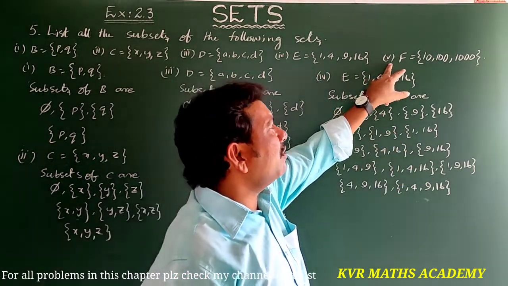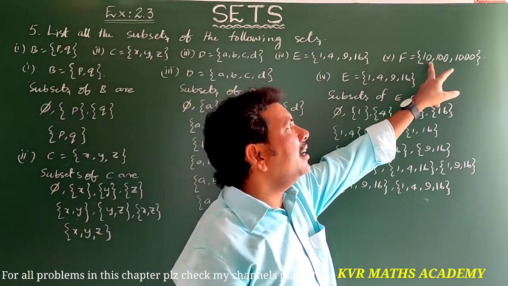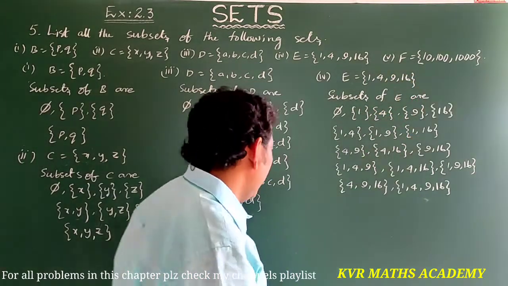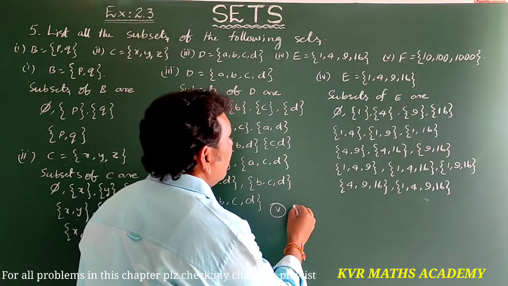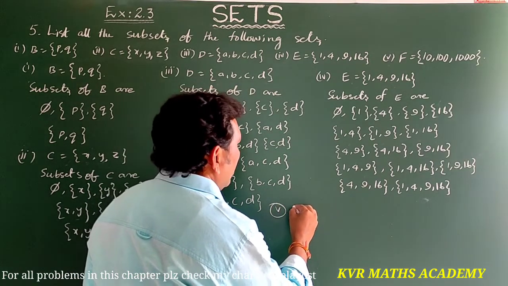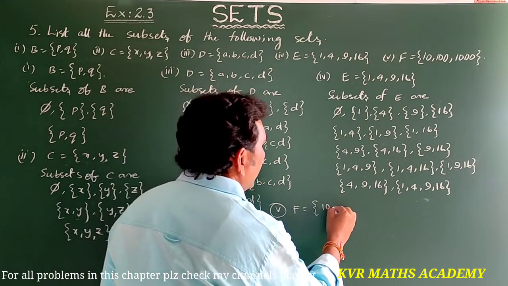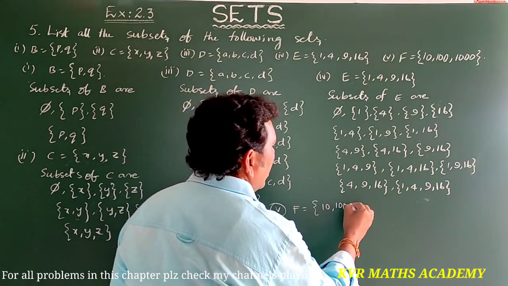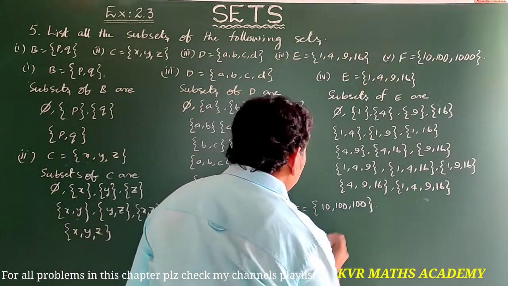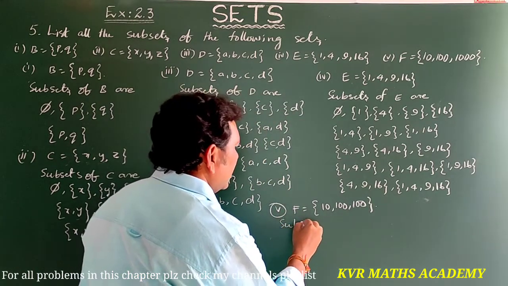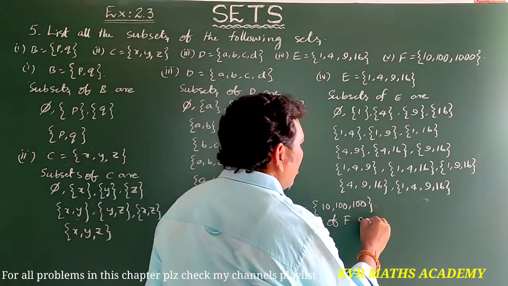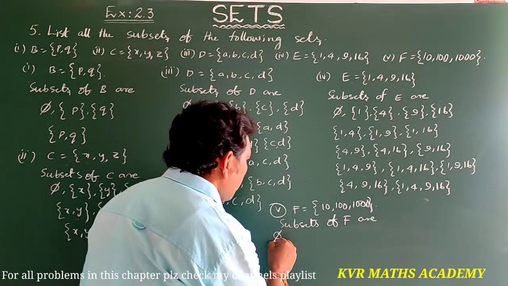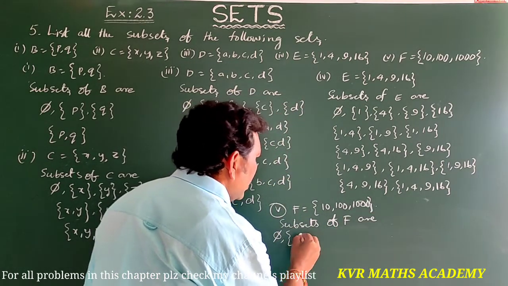So finally, fifth one, F is equal to set of 10, 100 and 1000. Subsets of F are: phi.